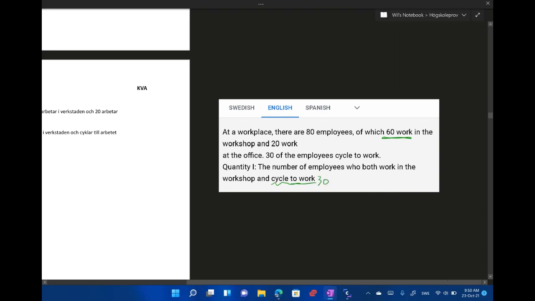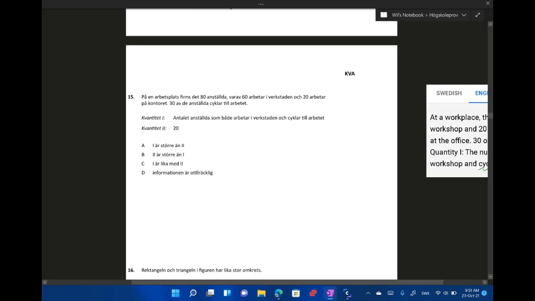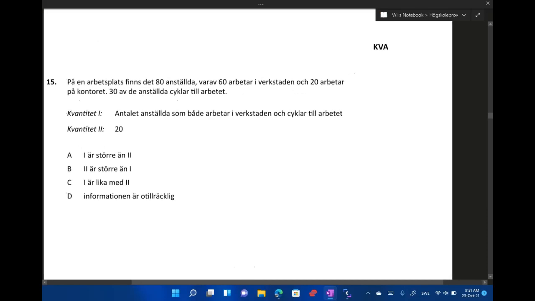But we don't know how many people work in the workshop that cycle to work. So maybe there's one person that cycles to work that works in the workshop. Maybe there's 30 people, maybe everyone who works in the workshop cycles to work. We don't know that. So the information doesn't seem like it tells us too much.